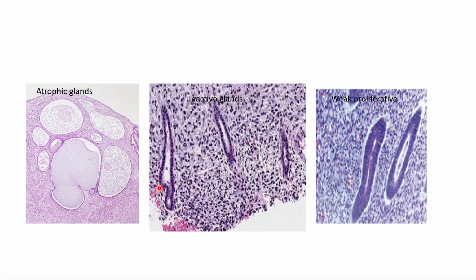This section shows inactive glands with cuboidal to low columnar epithelium and weak proliferative activity, where the gland shows pseudostratification but very inconspicuous or no mitotic activity. So, whenever we see different types of glands, we have to term them according to the features of the gland.